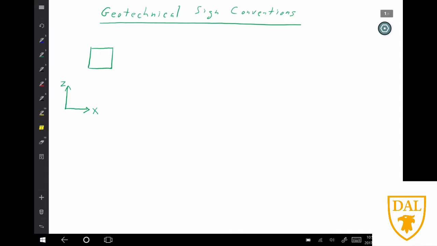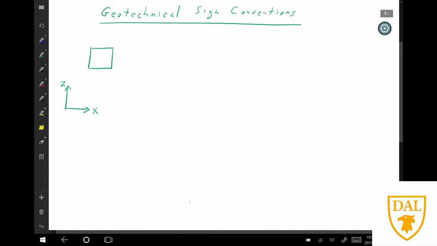So now we want to deal with the shear and normal stresses. Well, the simplest one is the normal stresses, and essentially in geotechnical engineering, which is different from structural engineering, compression is positive. So your compressive stresses are positive, and we represent these normal stresses on each plane with sigma.